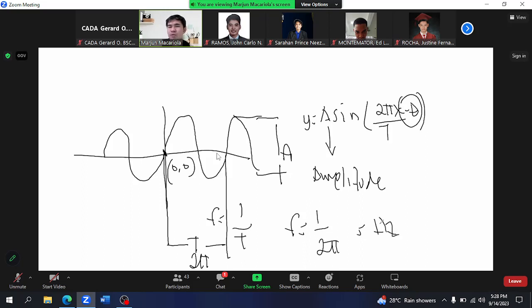Okay? So based on what you've watched, modulation deals with varying the property of the carrier signal into a high frequency modulated signal. So basically, all the carrier signals being modulated are in high frequency.